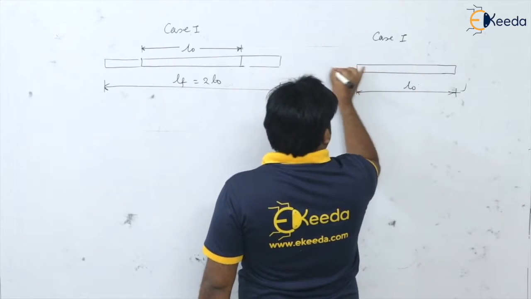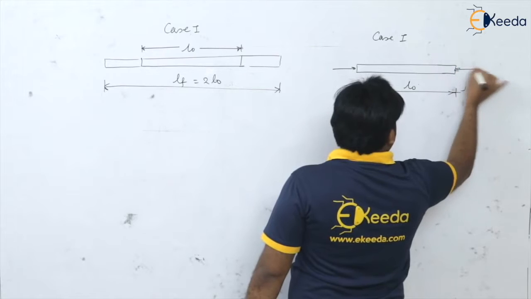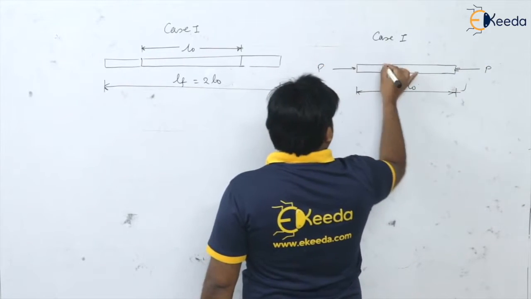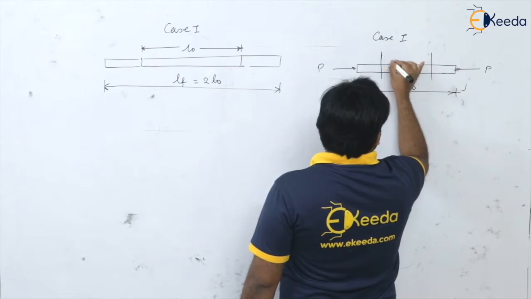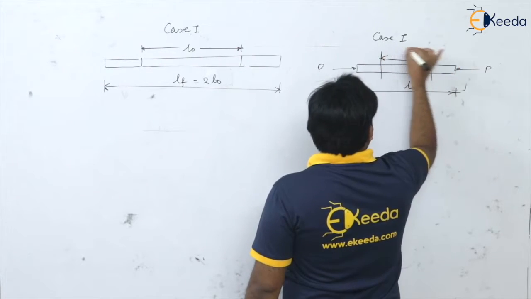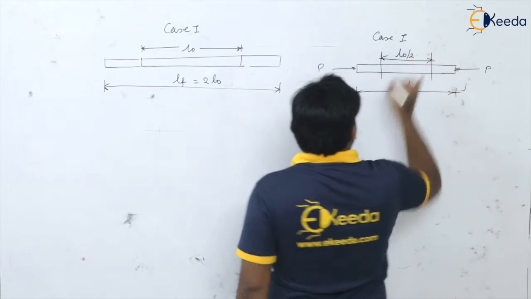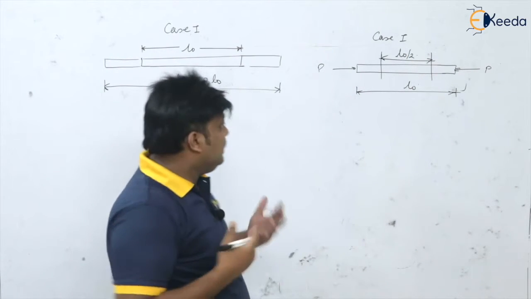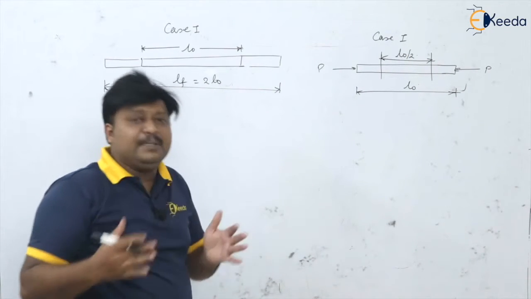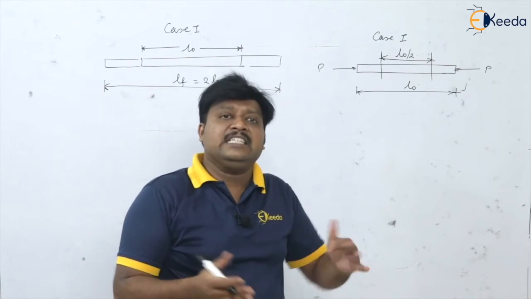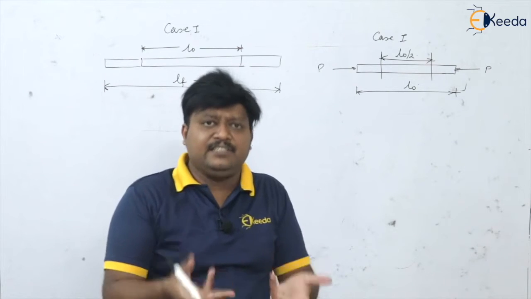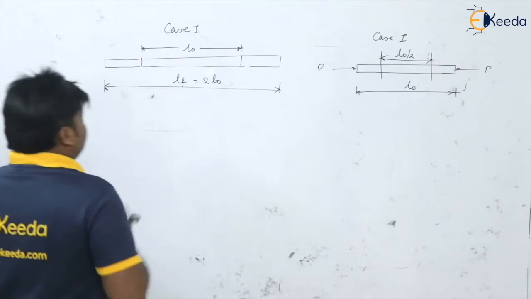After applying this compressive load, it is going to be half of it, so it will be L original upon 2. And please keep it in mind that I am considering the strain for tension as positive and for compression as negative. Let us see.